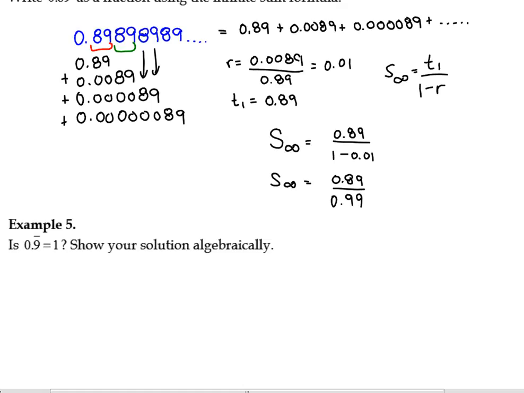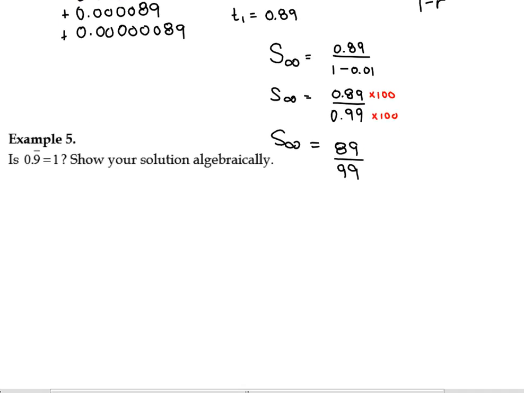So now I want to get rid of the decimal. We can do that by multiplying top and bottom by 100, which gives you 89 over 99. We're just moving the decimal place 2 to the right. And there's our infinite sum. Is that not what we got on our calculator? Sure is. So we can use the infinite sum, if we have a repeating decimal, to actually make it into a fraction. Very exciting.